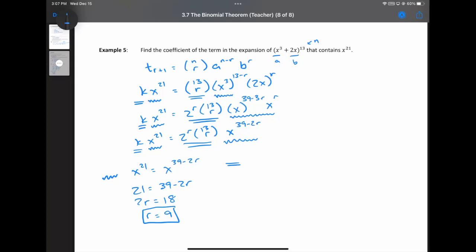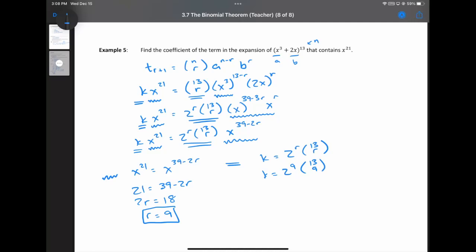However, the coefficient part says that the k must equal 2 to the r, 13 choose r. And since we just solved for r equals 9, k equals 2 to the 9, 13 choose 9. Here's where we pull out our calculator.